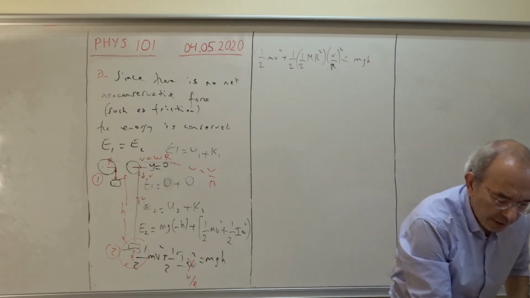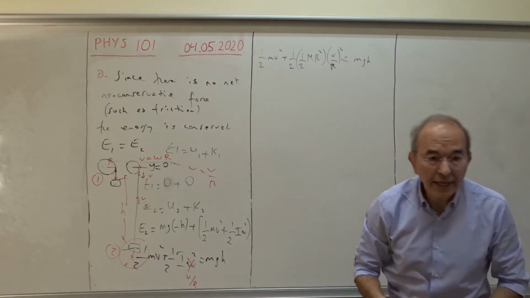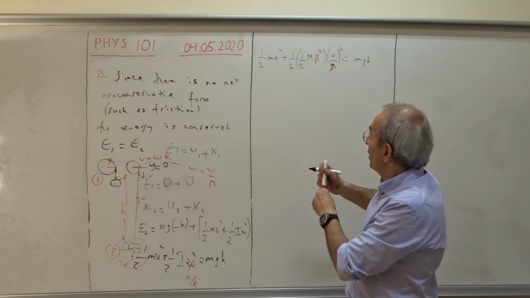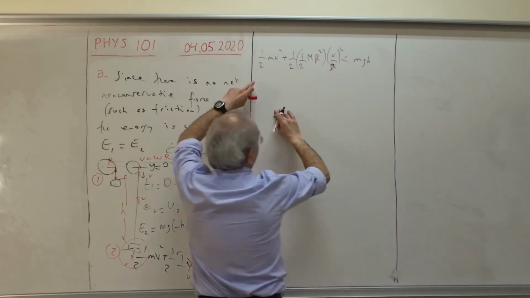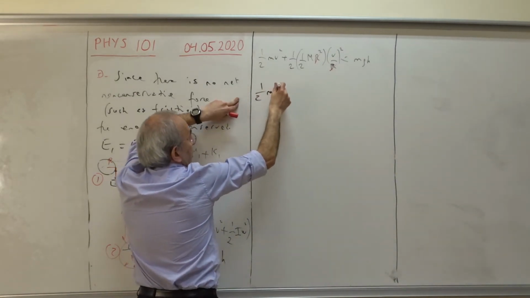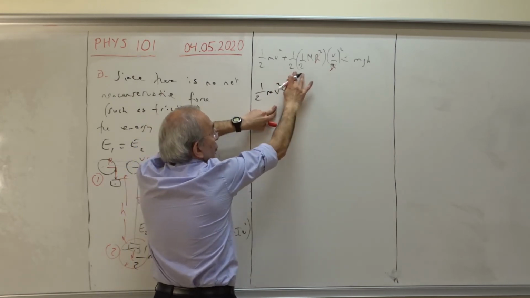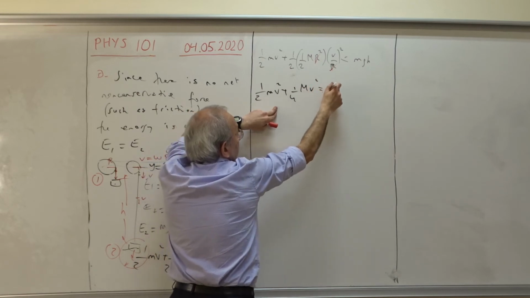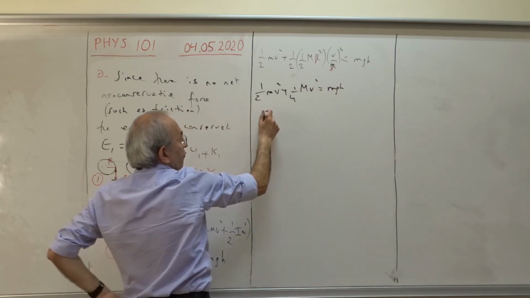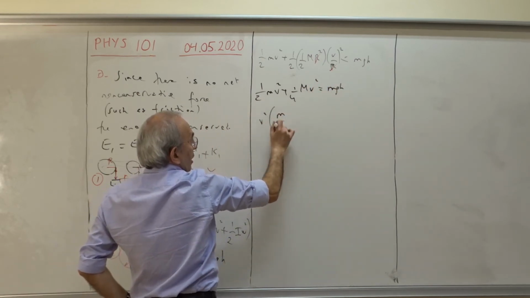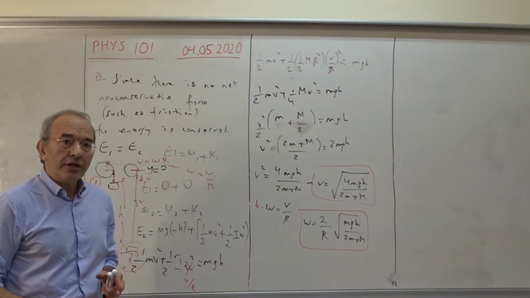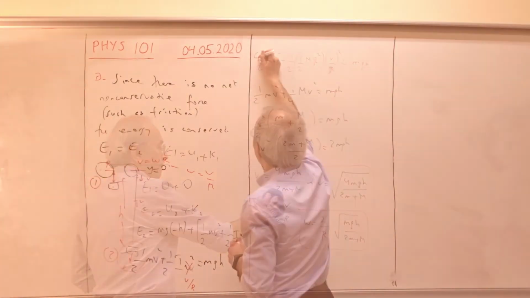There is one cancellation, which is the cancellation of these. So we have 1/2 little m v squared plus 1/4 capital M v squared equals mgh, so that v squared turns out to be m over 2 plus M over. Now let's have one more energy conservation problem.